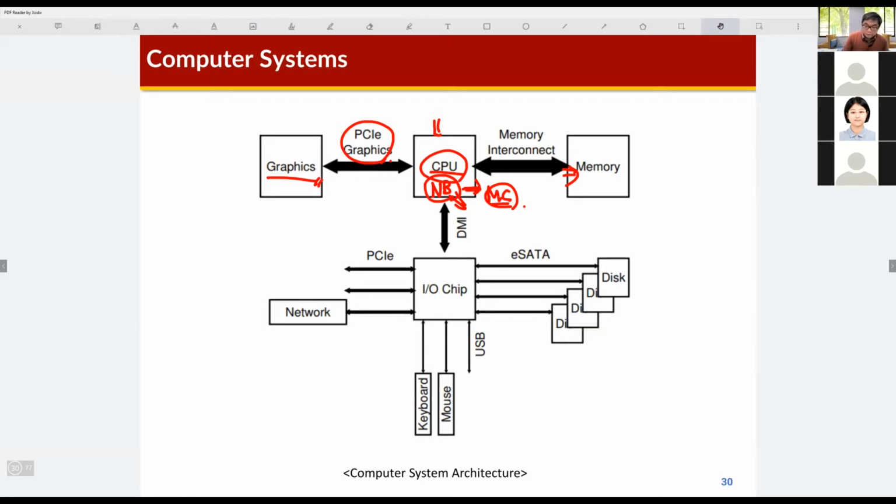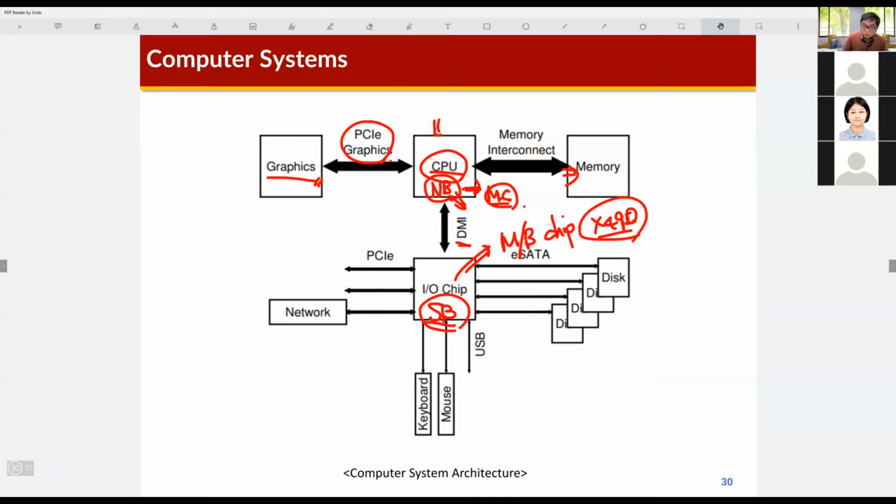Also, through some DMI interface, the south bridge chip, called the mainboard chipset, such as the X490, controls the I/O devices of the computer systems.